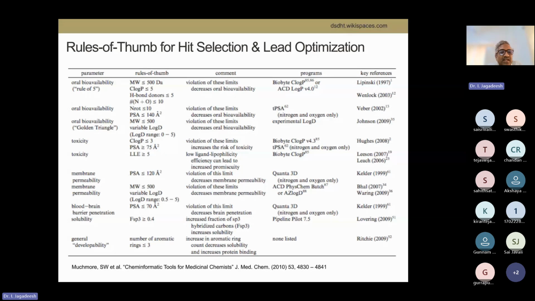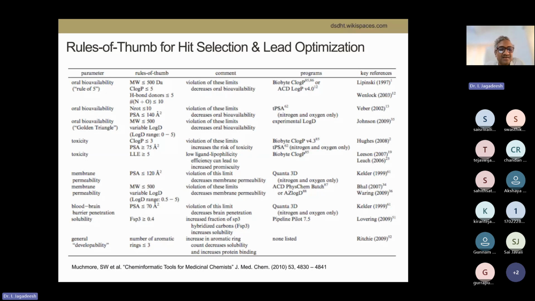For permeability, you need to see the polar surface area less than 120, molecular weight less than 500. For the blood-brain barrier, we are going to see the polar surface area less than 70. Solubility, specific solubility, we have to consider. For general developability, the number of aromatic rings less than 3, or better, less than or equal to 3, we need to consider.